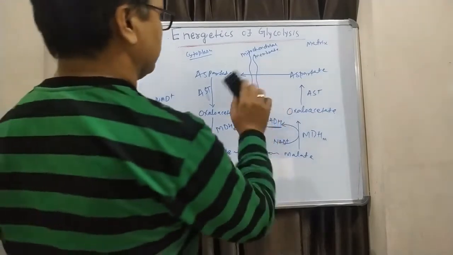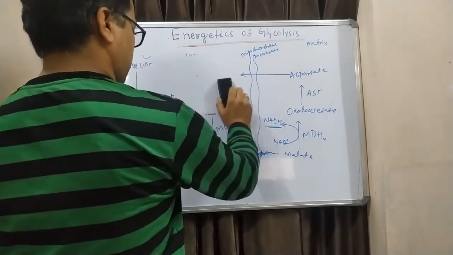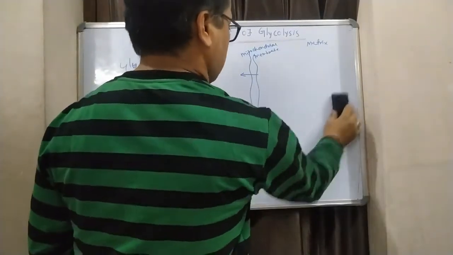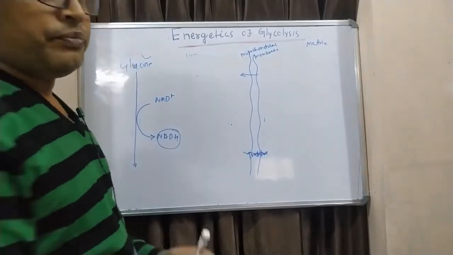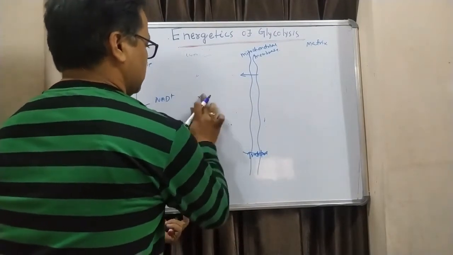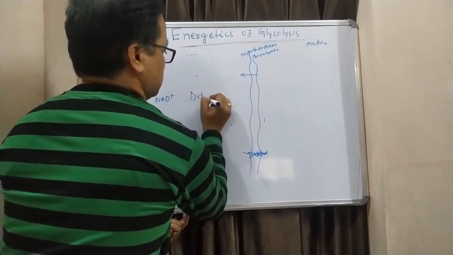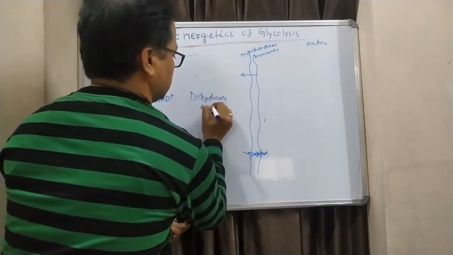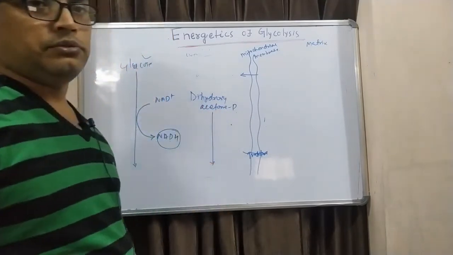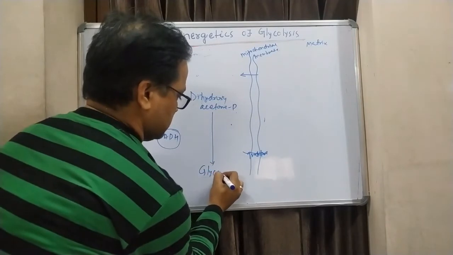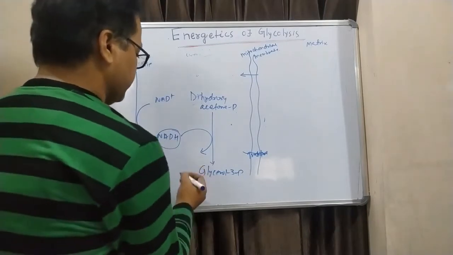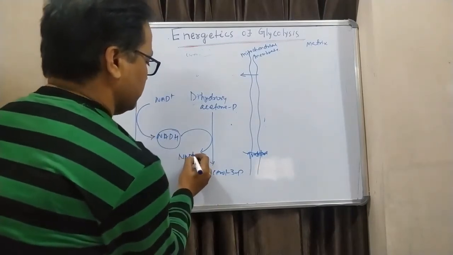In this system, the NADH will be used by dihydroxyacetone phosphate, which is converted into glycerol 3-phosphate, and NADH is converted into NAD+.